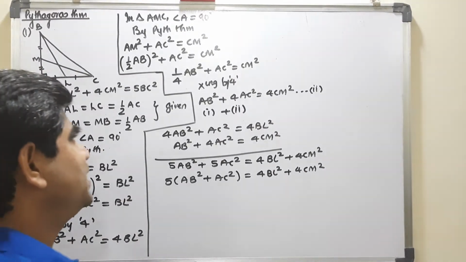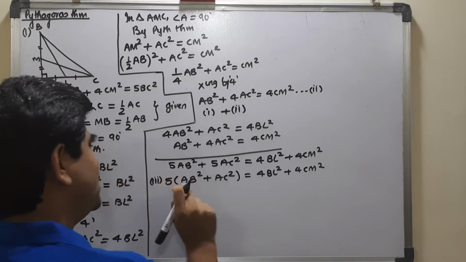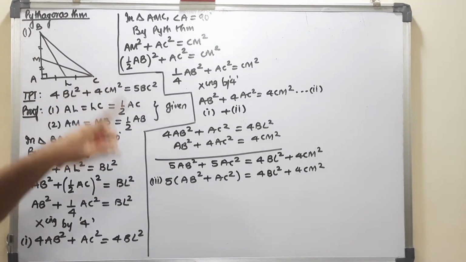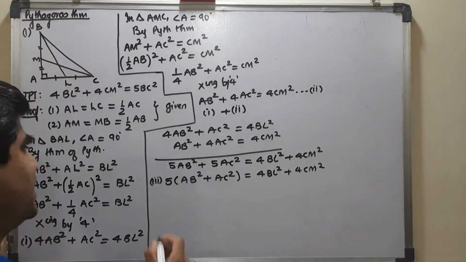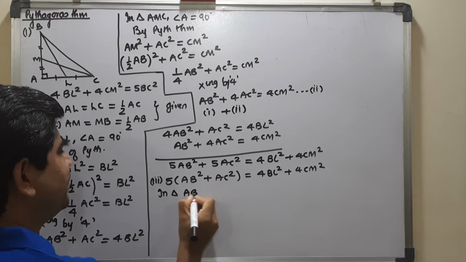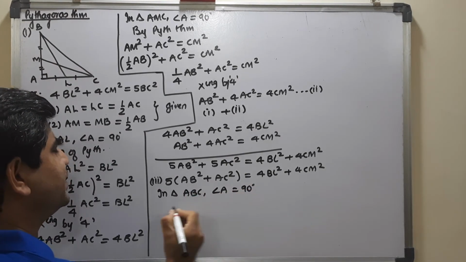Now this is my third one, suppose. Now ab square plus ac square by Pythagoras will become bc square. That is in triangle ABC, angle A is your 90 degree.